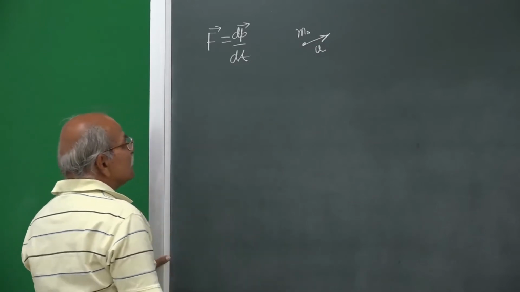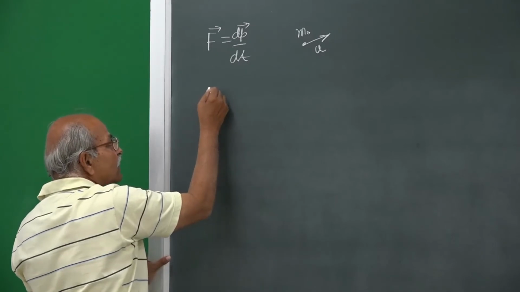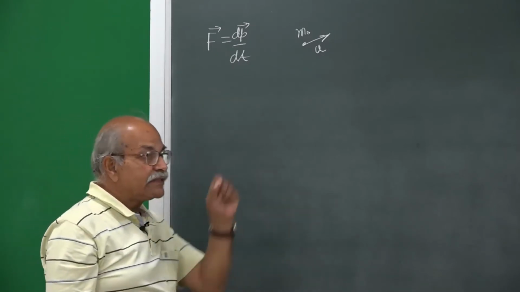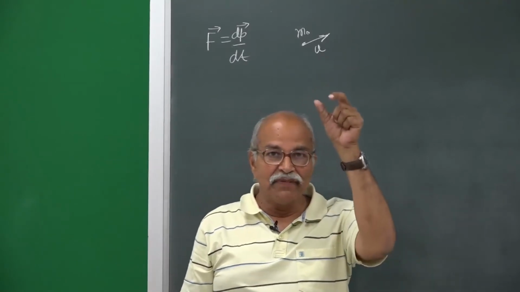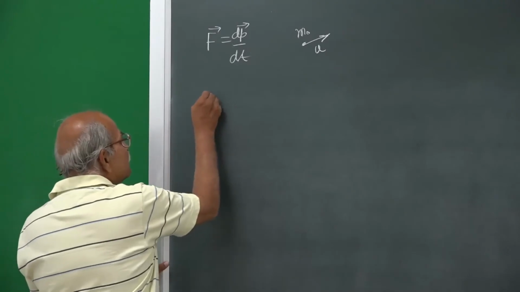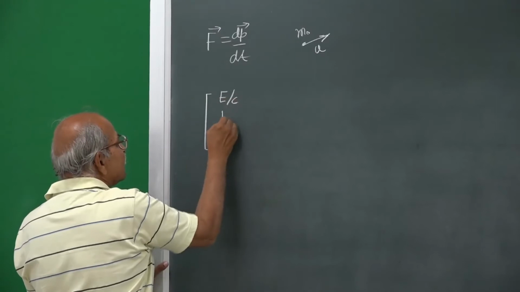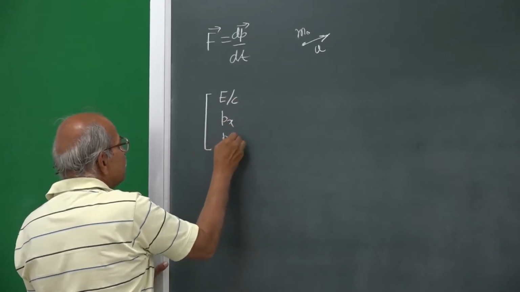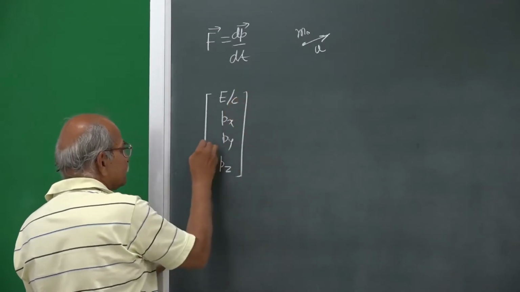Now, this dP and this energy, you remember energy and momentum, they make a 4 vector. The energy momentum 4 vector is E/c and then px, py and pz, that makes a 4 vector.